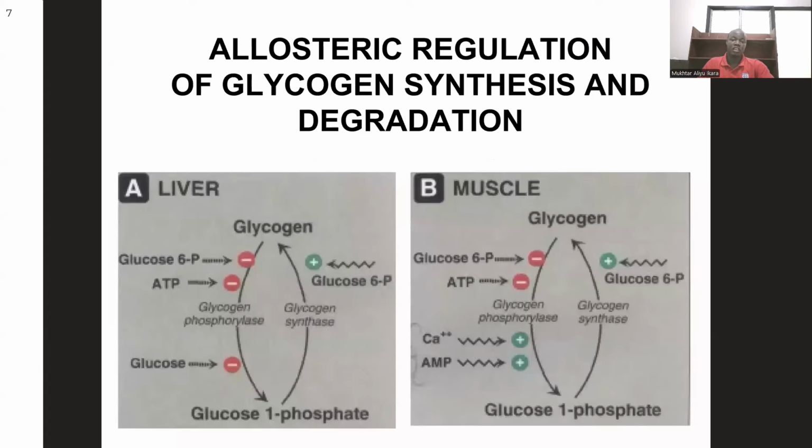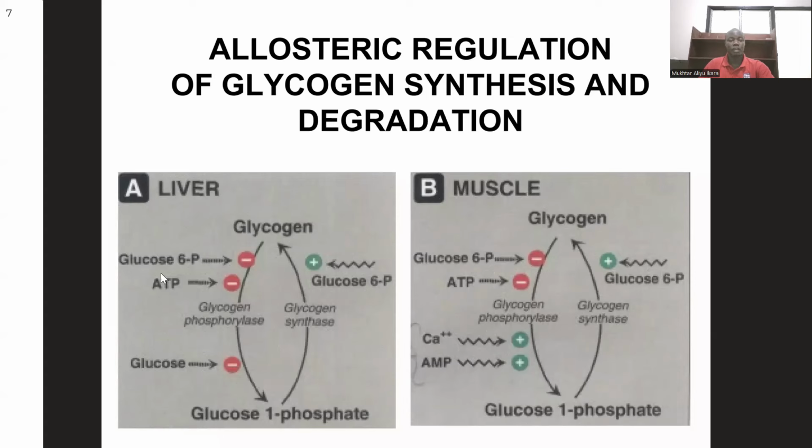Of course, this allosteric regulation is a similar mechanism to glucose 6-phosphate activating glycogen synthase, and glucose 6-phosphate and ATP inhibit glycogen phosphorylase, while calcium ions and AMP activate glycogen phosphorylase. So calcium and AMP promote glycogenolysis. Glucose 6-phosphate and ATP inhibit glycogen phosphorylase, so they inhibit glycogenolysis, while glucose 6-phosphate activates glycogen synthase.